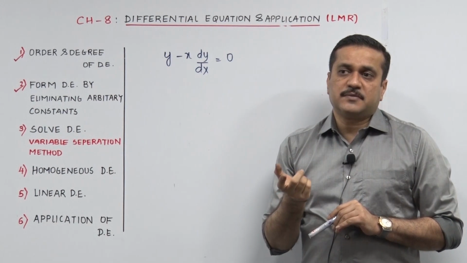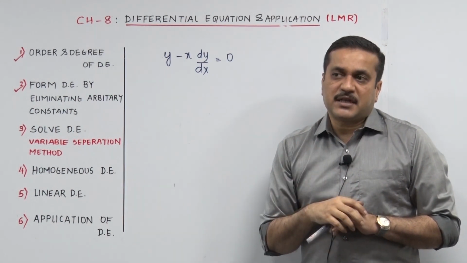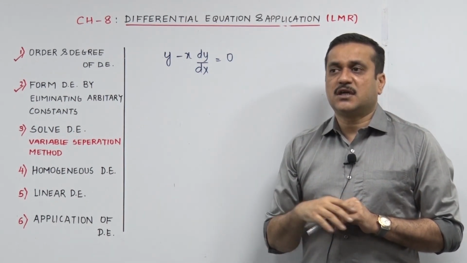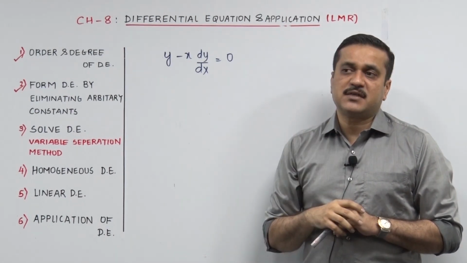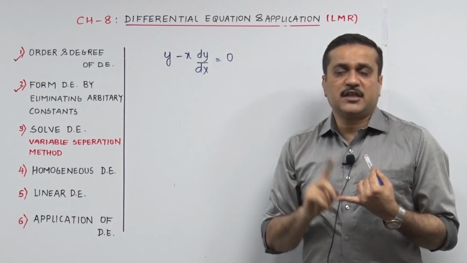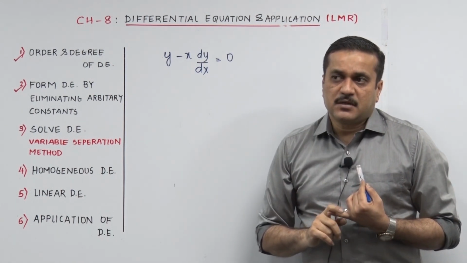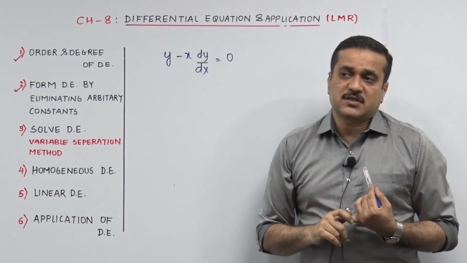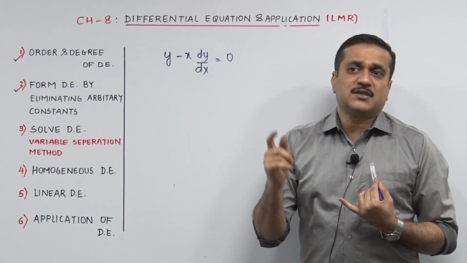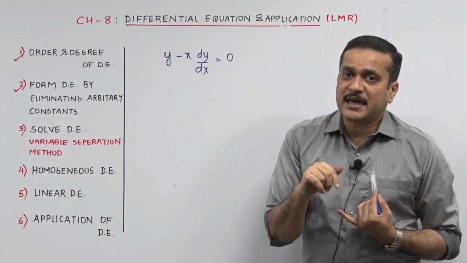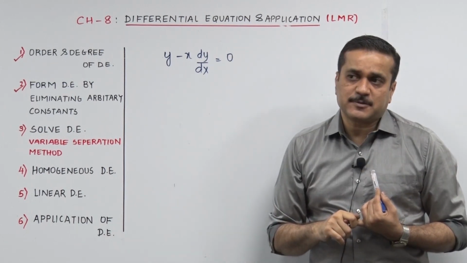I think the variable separation method is going to be used even in the next segment also, but what is the variable separation method? One thing is for pretty sure, because your syllabus restricts itself to first order derivative, that means you must have differentiated only one time to reach dy by dx.